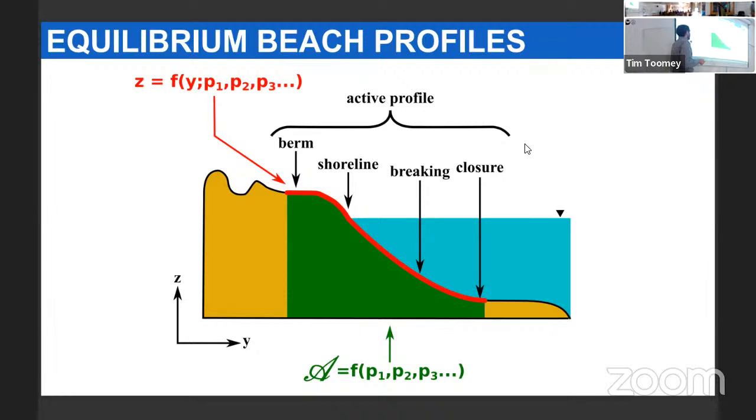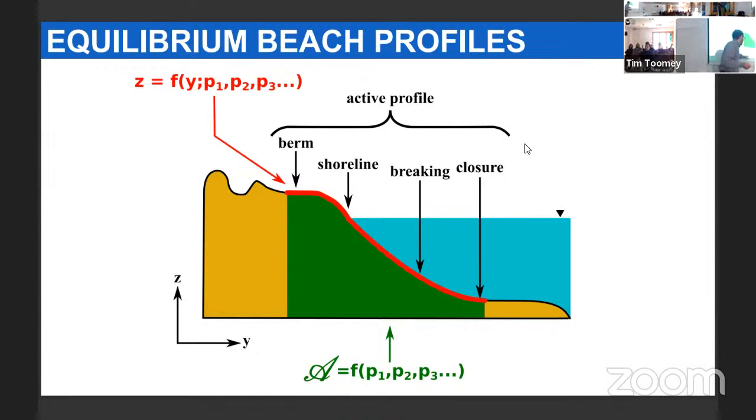And then in equilibrium, this shape only depends on a set of parameters. So also the volume enclosed, the area enclosed by this profile, is a function of the parameters used to describe the equilibrium state.